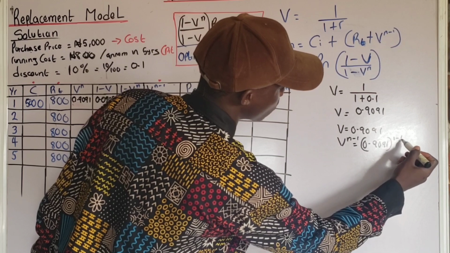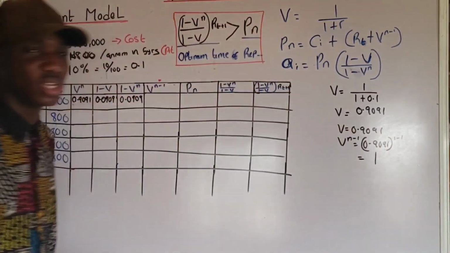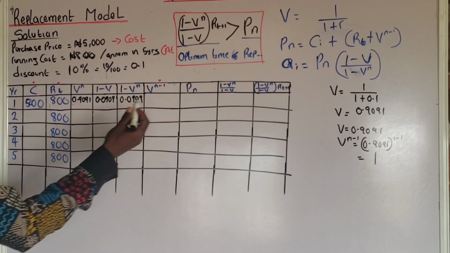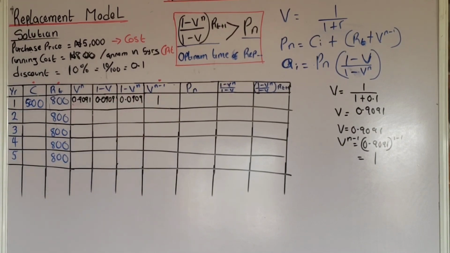So I'm going to have 1 minus 1, that will be 0. You understand? Because when you raise any positive number to the power of 0, according to the laws of indices, that will be 1. So that is why I'm going to have 1 in this place. If you didn't understand, reverse the video and listen to the explanation again, okay?